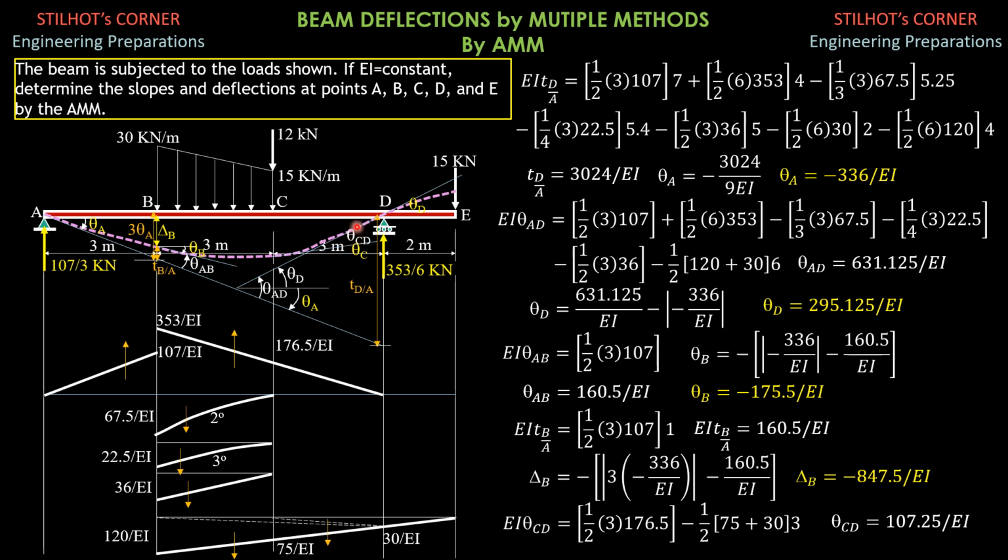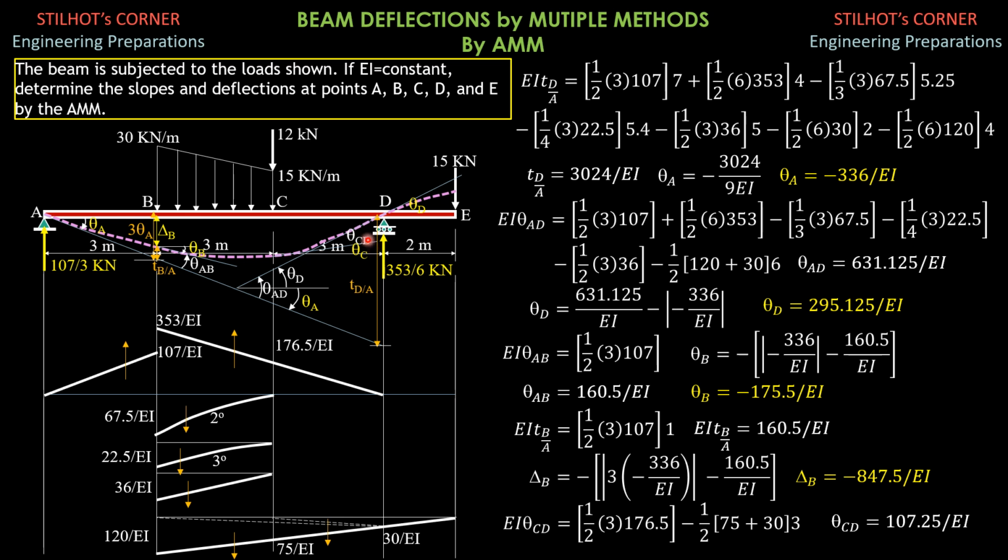And since the value of theta D is greater than theta CD, therefore from the horizontal to the tangent at C, it is counterclockwise, so theta C is positive slope.